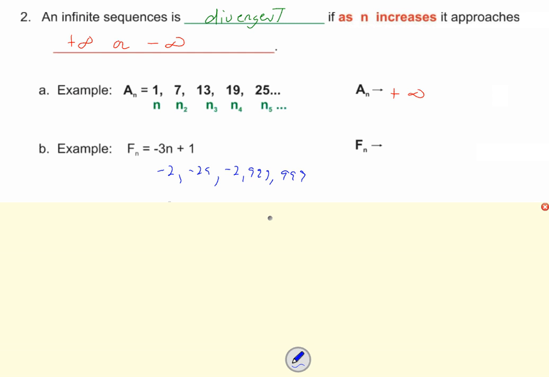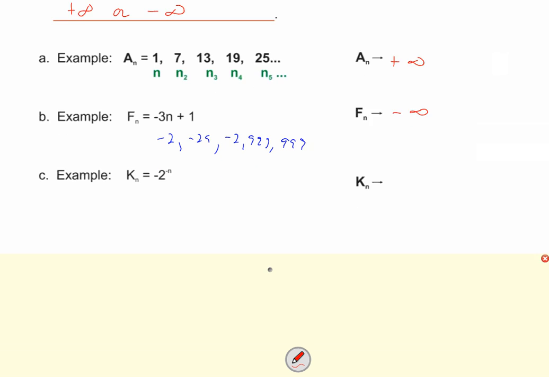Where are we heading? To negative infinity. See, the numbers just keep getting smaller and smaller. The whole thing's changing. That's divergent. Oh, excuse me. Sorry about that.